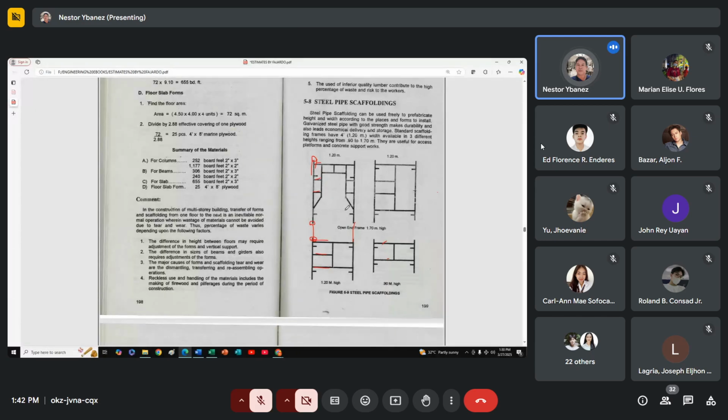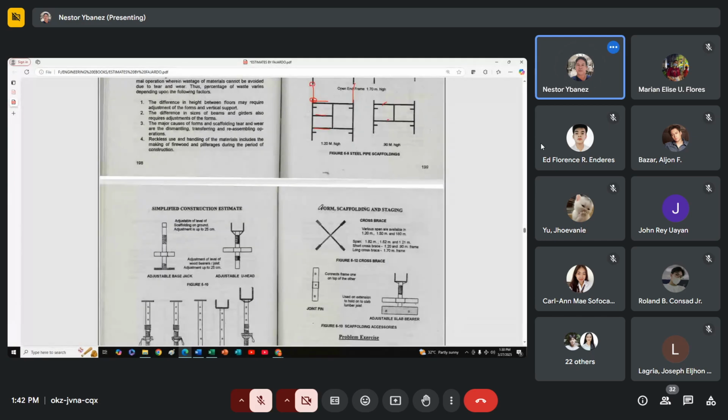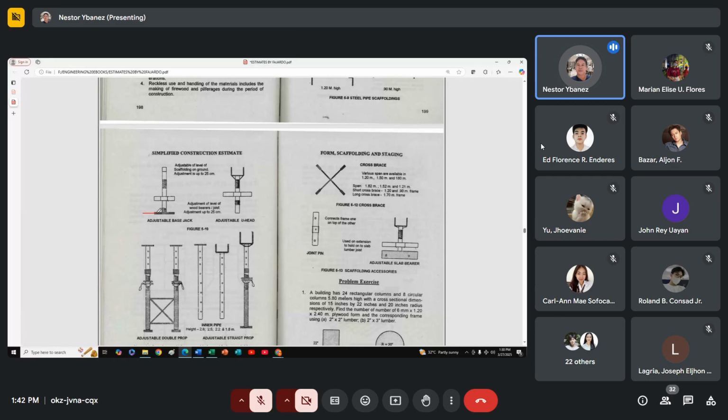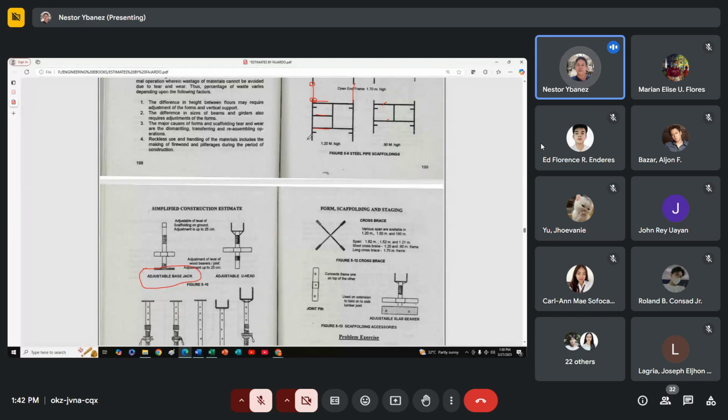But then, there are also adjustable base jacks. The base jack is important for the foot, because there are times when the ground is not level like this. If we're going to use this one, one side is on the ground, and the other one has not yet reached the ground.